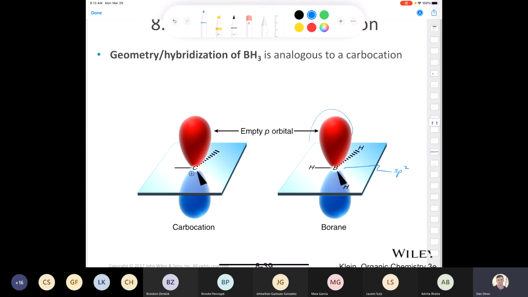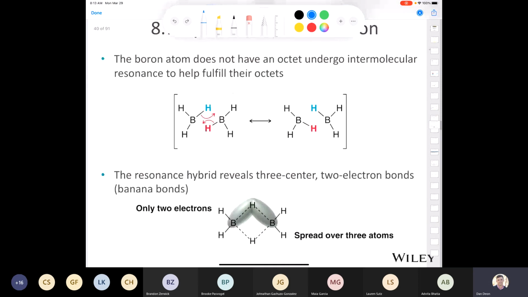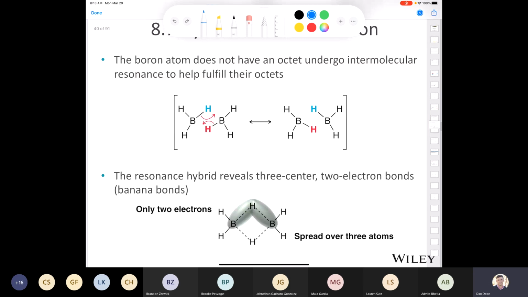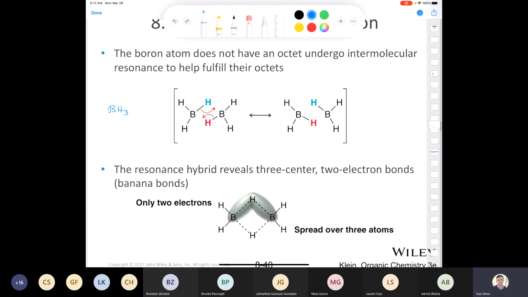So we have this big empty p orbital here, and so the borane can function as a Lewis acid. It can function as an electron acceptor. What's interesting is if you just take borane BH3 and put it by itself in a bottle, if you just have a pure sample of BH3, the borane will actually react with another molecule of borane, and you see it exchanges these electrons to make what's called a 3-center 2-electron bond.